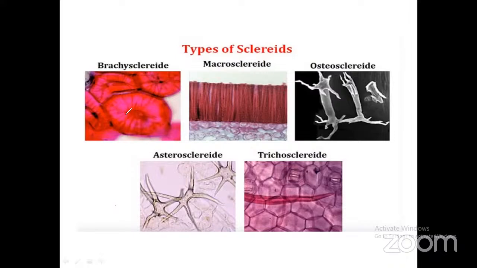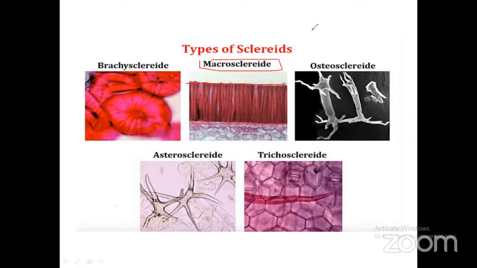And next one, macrosclereid. We can observe in the diagram that macrosclereids are elongated and look like parenchyma cells, like brachy, with an elongated, columnar structure. They are very thick-walled cells with a narrow lumen.